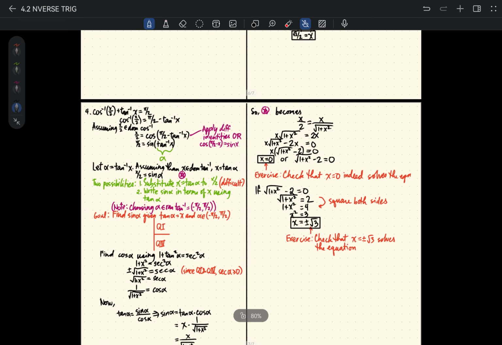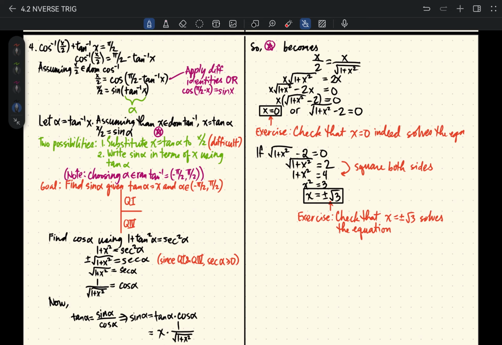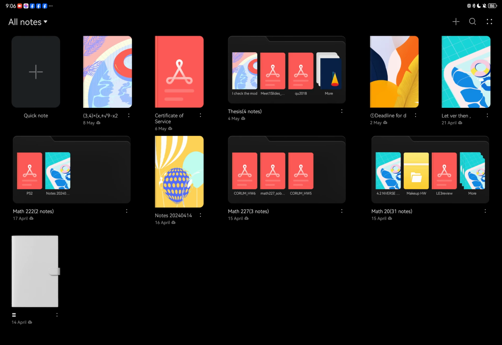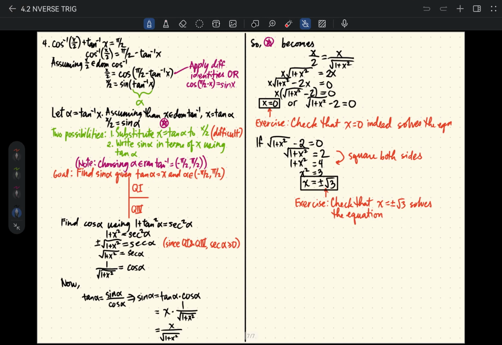As you can see, this one is quite long. There's a lot of things that happened. In the first step, what we did is we transferred this to the right side so that in the left side, you're just dealing with a single inverse trigonometric function. Then we applied the cosine function to both sides to get this one right here.